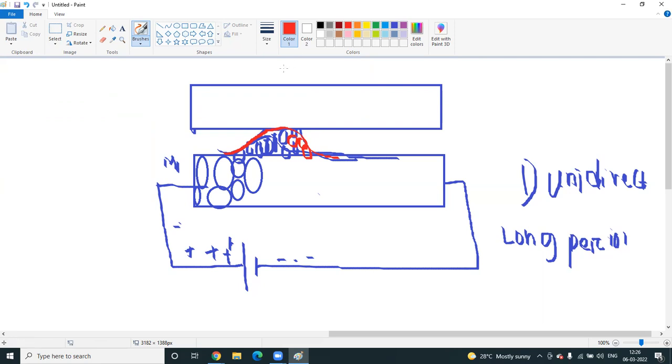Okay, so when this collides, what will happen? This is a metal, this is another metal. It will be short. This short is called, in technical EM terms, a hillock.